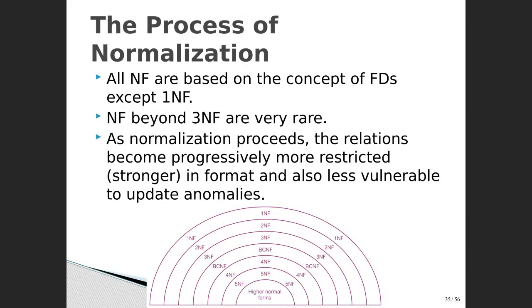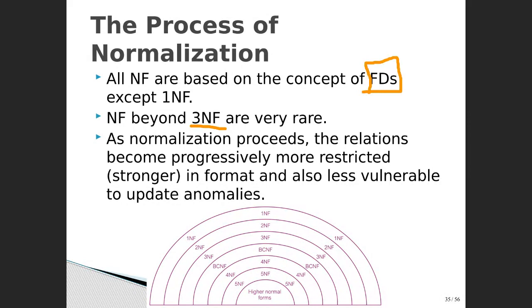All right, now how many normalization forms or tests do we need to perform in this chapter? We will just focus on the third normal form. All normal forms are based on the functional dependencies, all of them except first normal form.